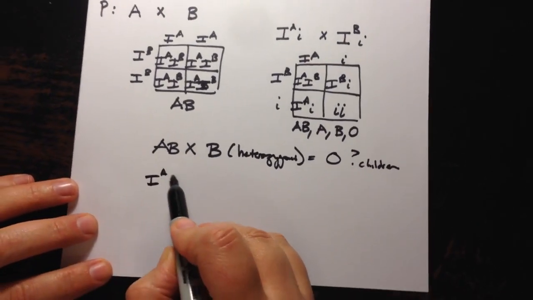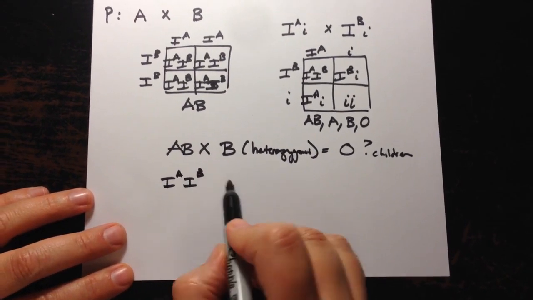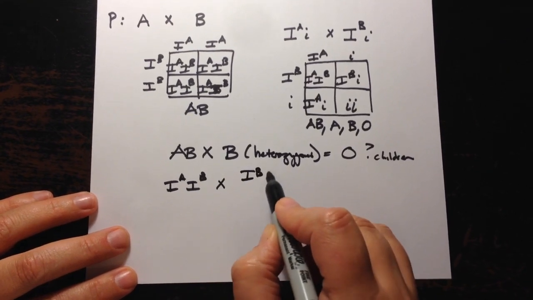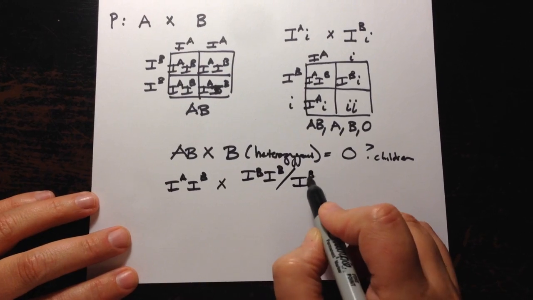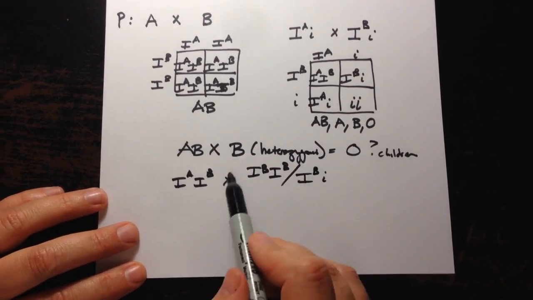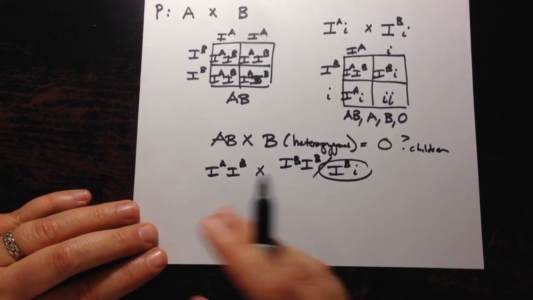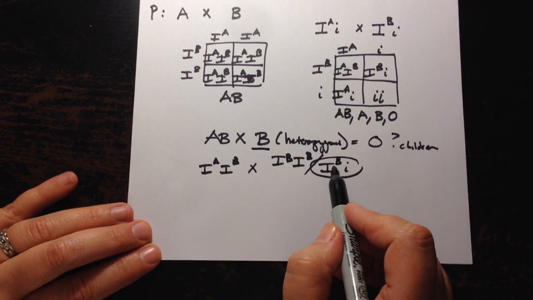So let's write the genotype just one more time so that you see how to do this. That is AB, but for B, we're going to have to consider two different types of genotypes, right? Is it going to be this one, or is it going to be this one? Well, if I tell you it's the heterozygous one, you know you have to choose that one. If I don't tell you, if I just say it's type B, then you have to consider both.